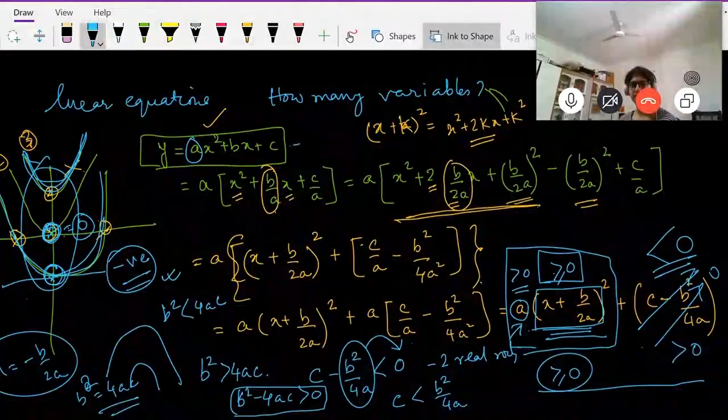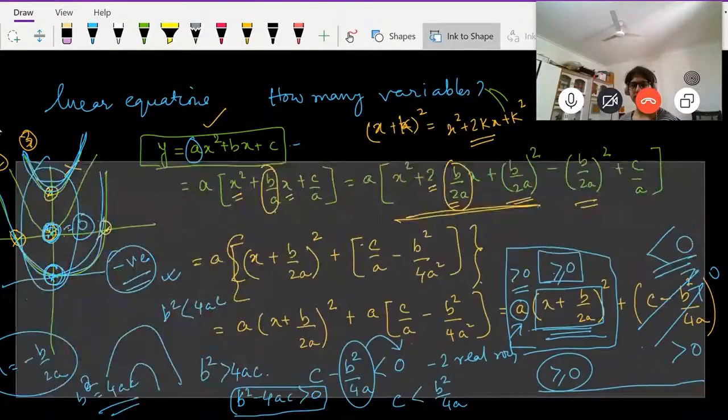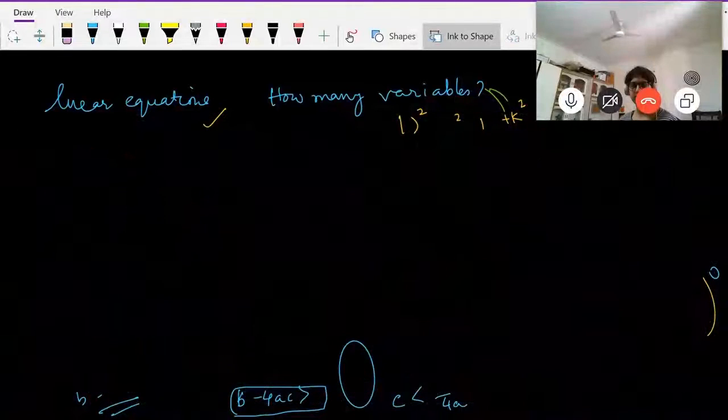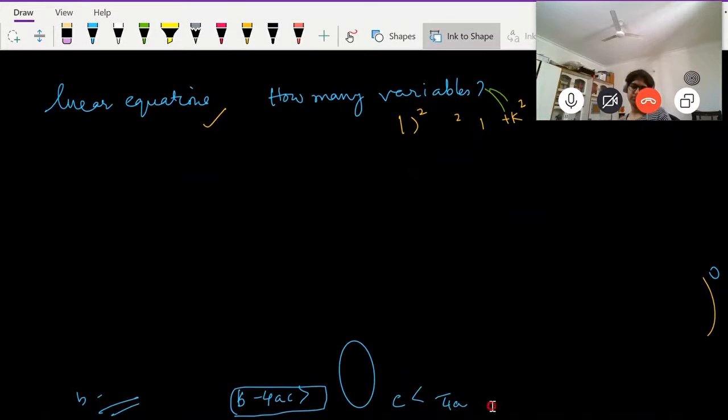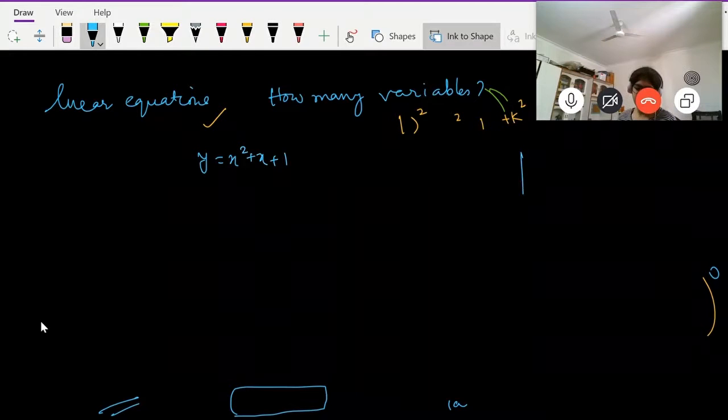Now come back to the equation that we were dealing with. We had y equal to x square plus x plus 1. Now tell me how this curve will behave.